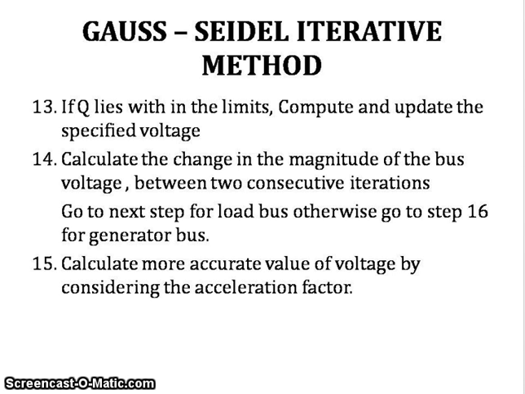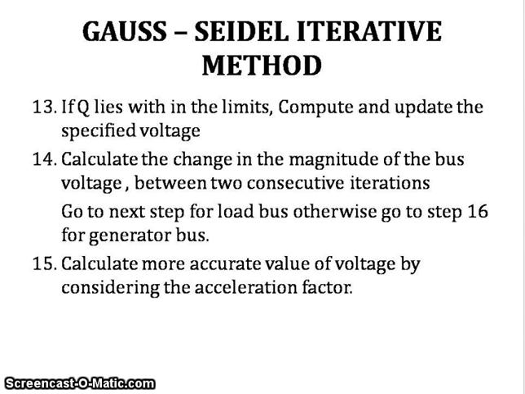If Q lies within the limit, compute and update the specified voltage. Calculate the change in the magnitude of the bus voltage between two consecutive iterations. Go to the next step for the load bus, otherwise go to step number 16 for the generator bus.